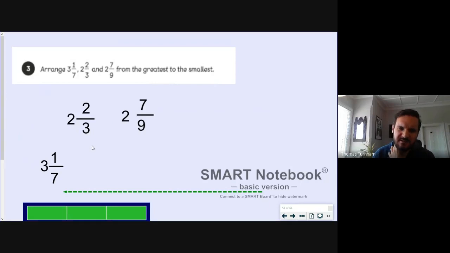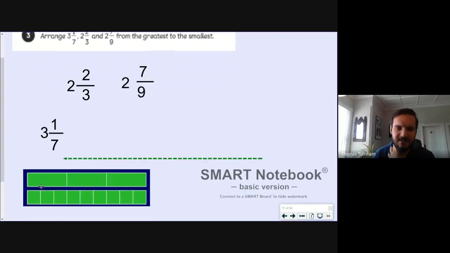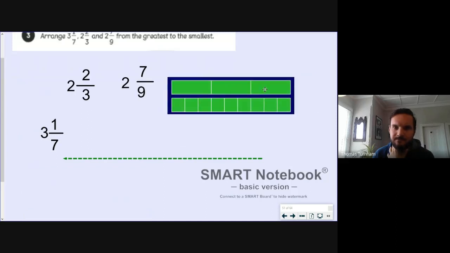So if I'm timesing this 3, I'm cutting this third into 3 parts. I'm making each of my thirds into 3 parts. So my 2/3 become 1, 2, 3, 4, 5, 6 ninths. I've taken this 3 and I've cut it into 3 parts.